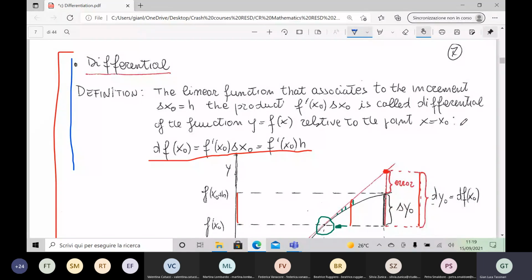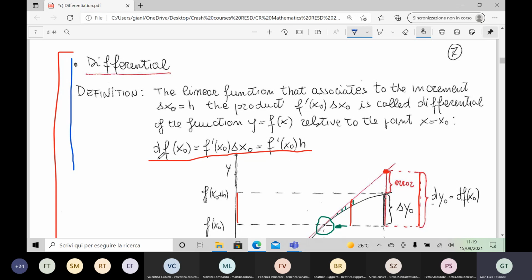I forgot to write interval. So the differential of your function at the point x0 and relative to the interval h, or delta x0, is denoted in this way.